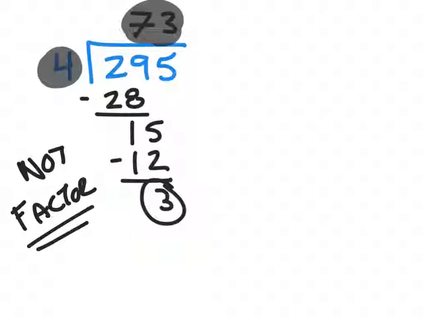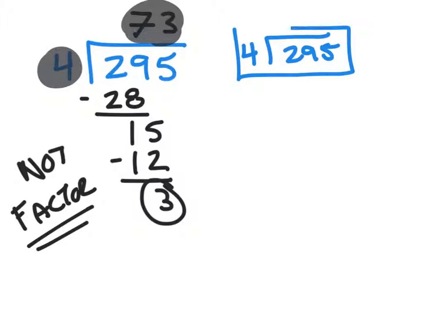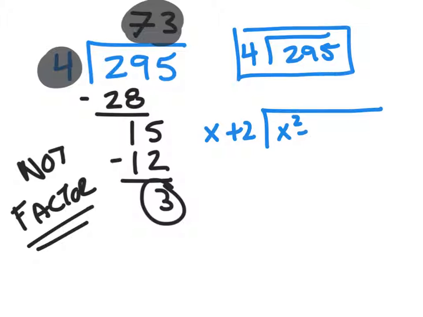All right? Now let's show you how this applies to what we're interested in, which is breaking down large polynomials into smaller ones. So instead of us dividing 4 into 295, which is, I don't know, 3rd grade, we're going to divide things like x plus 2 into x squared minus 2x plus 4.